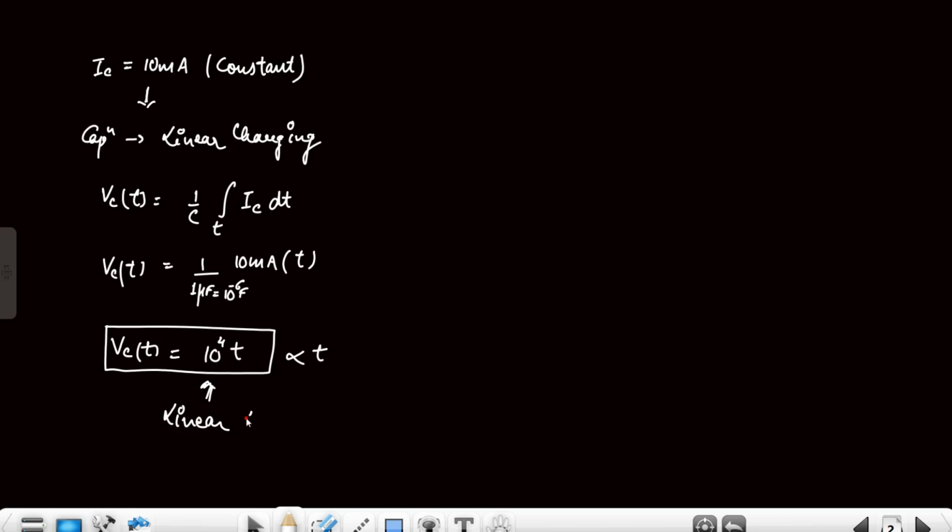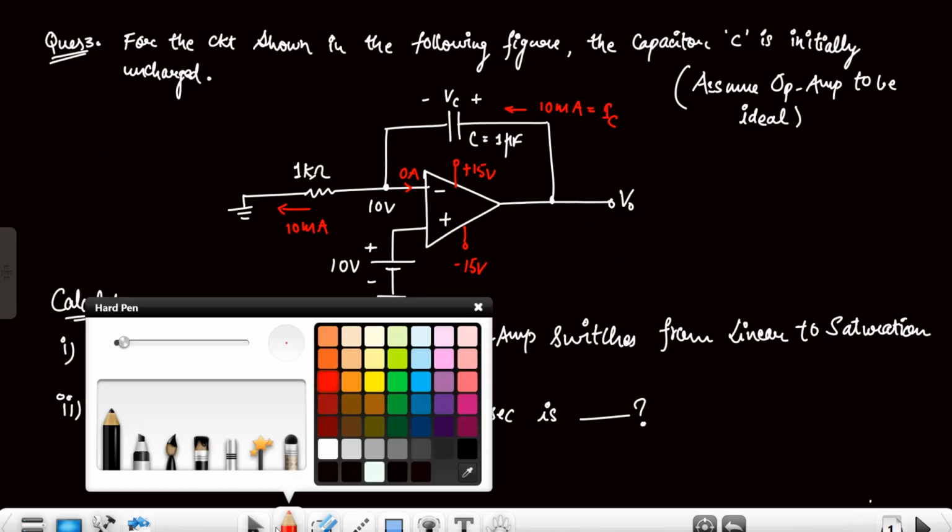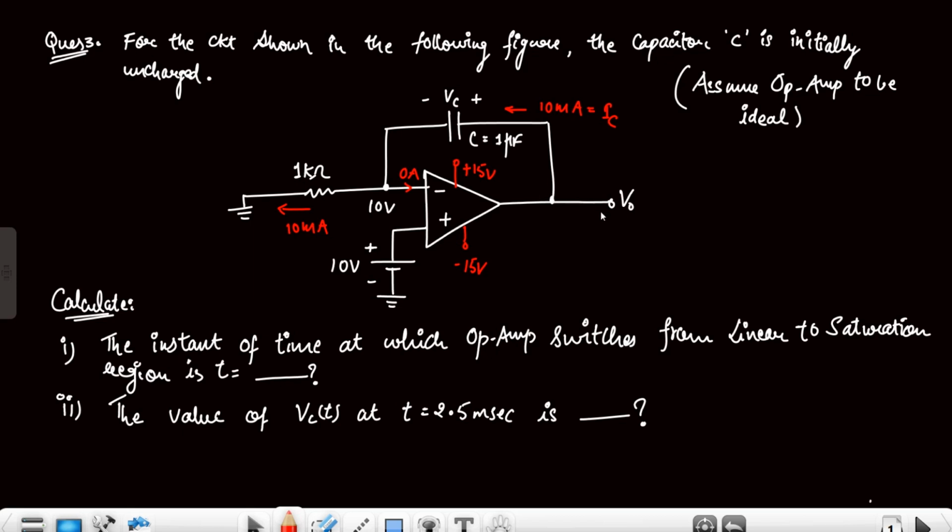Now due to this linear charging, we can see the output voltage of this circuit V0 depends on this capacitor voltage. How is it depending? The output voltage is connected in this polarity, plus minus of V0. And here we can perform KVL, and up to here it is 10 volt.